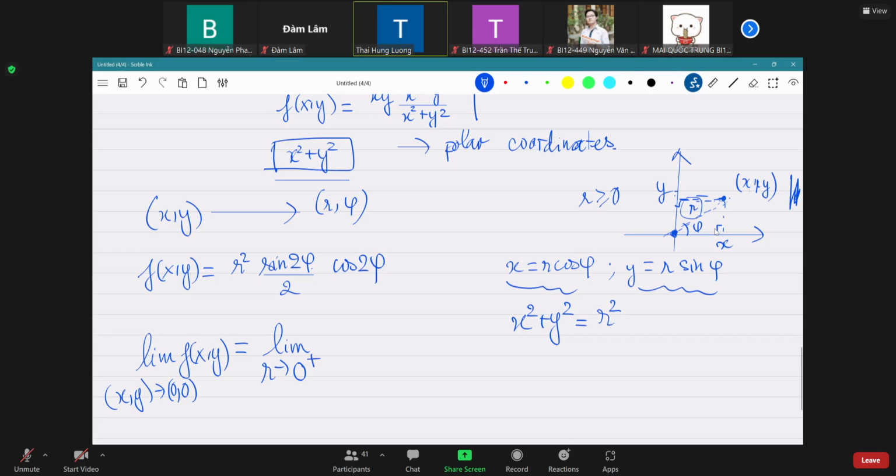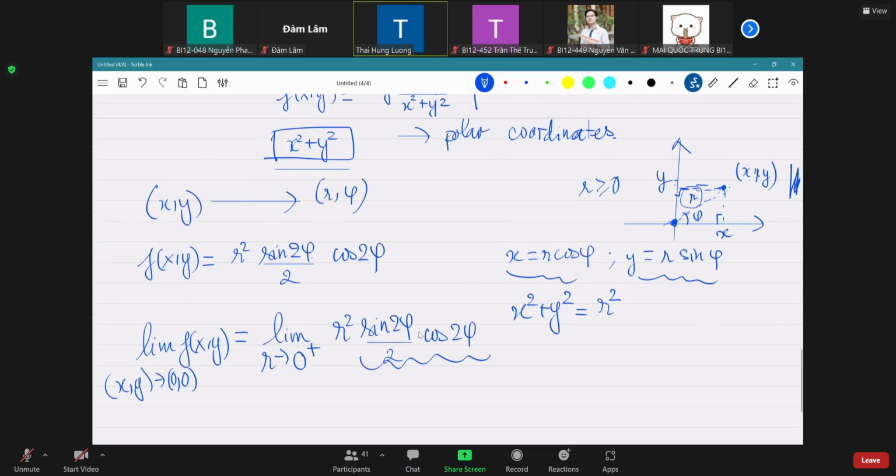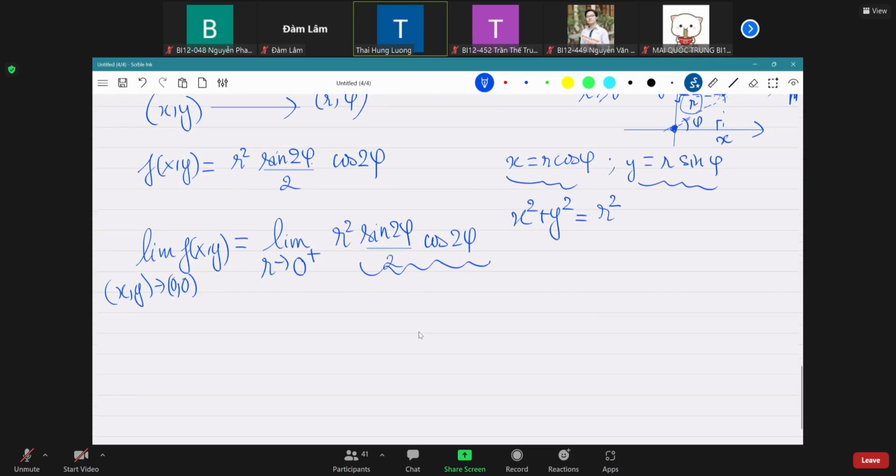Using the new formula, you can easily see this part in phi is always bounded by 1/2, because sine and cosine are bounded by 1 and minus 1. So using the squeeze theorem, when r tends to 0, this function tends to 0. This is the conclusion from the limit of a one-variable function.